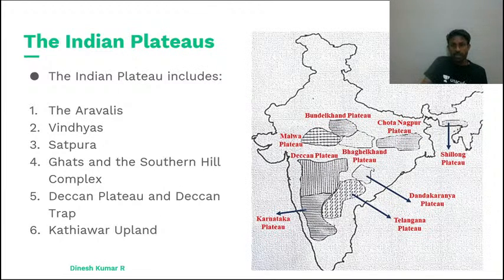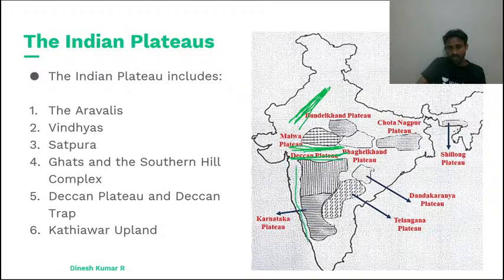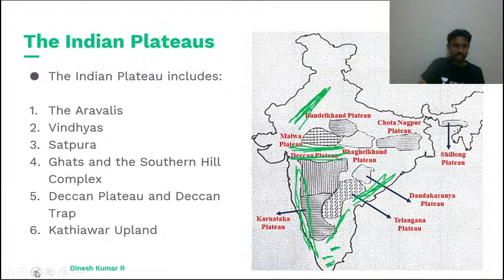We first started with, do you remember, the Aravalli mountains, then Vindhyas, then Satpuras, then Western Ghats, then Eastern Ghats, then some of the hill ranges here, that is known as the Southern Hill Complex. So Aravalli, Vindhyas, Satpuras, Western Ghats, Eastern Ghats, Southern Hill Complex. What are the plateau parts? Let me remove these things again.